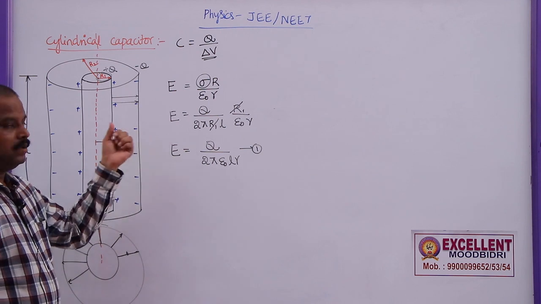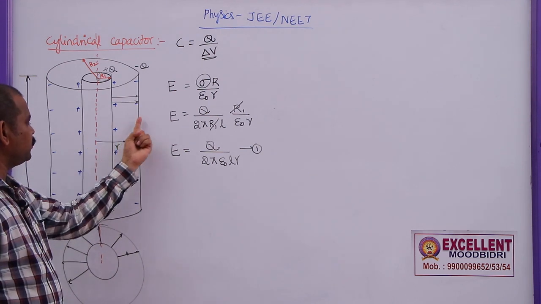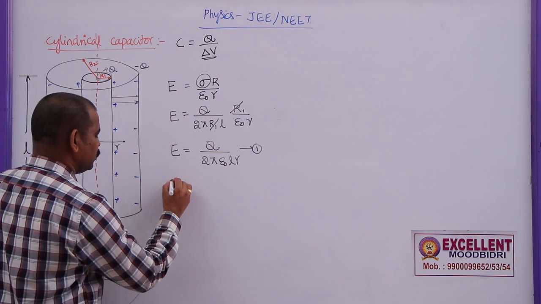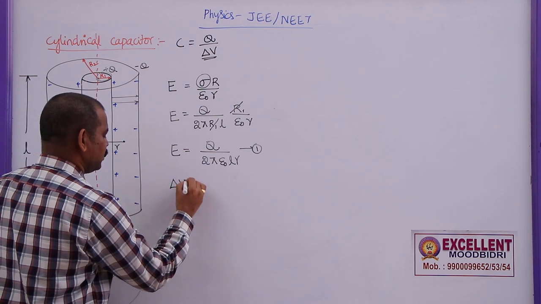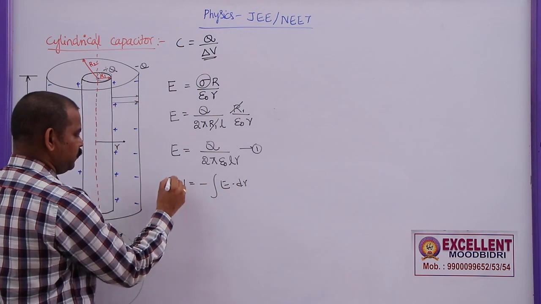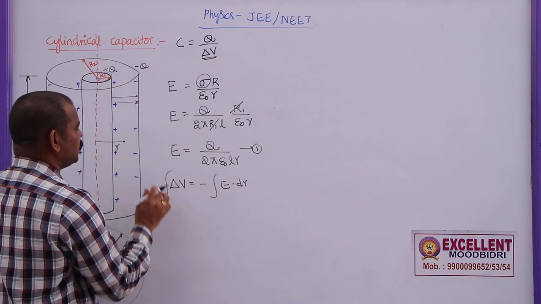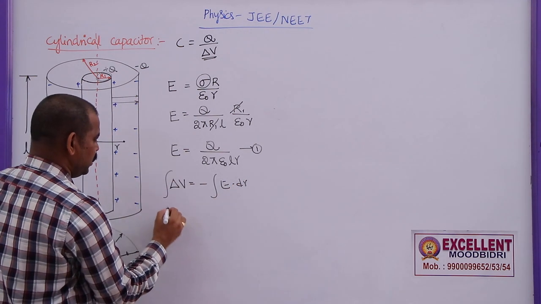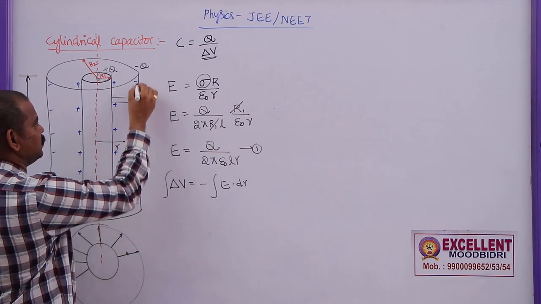So, now how to find out the potential difference between these two? We know that delta V is equal to minus integral E dr, and if you integrate this one you will get the potential difference between these two surfaces. So, here the outer surface is here.